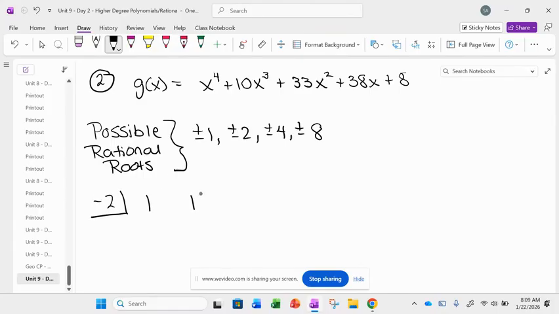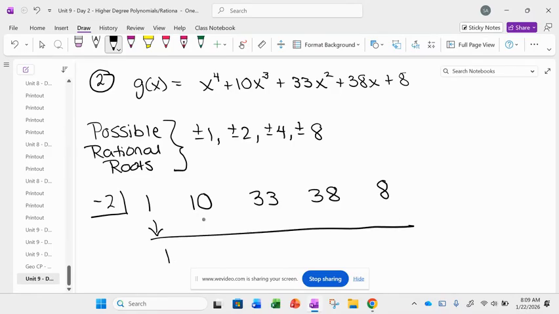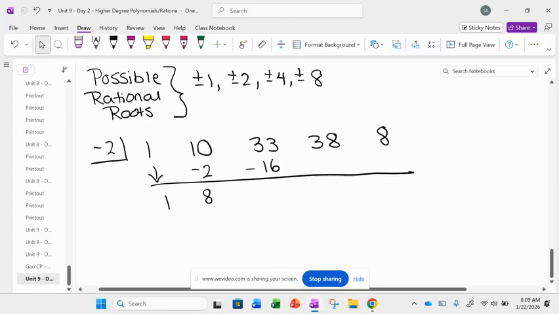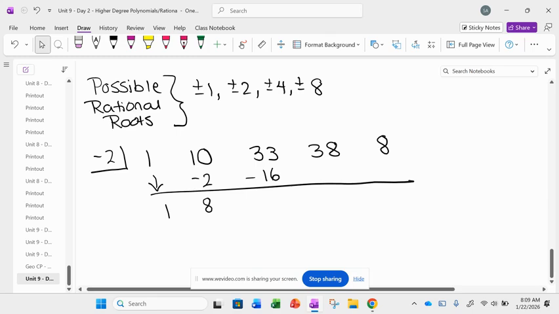So I have a 1. Every exponent is accounted for, right? 4, 3, 2, 1. Yep. So we have a 1, we have a 10, 33, 38, and 8. 1 times negative 2 is negative 2. This gives us 8. This gives us negative 16. This is going to give us 17.